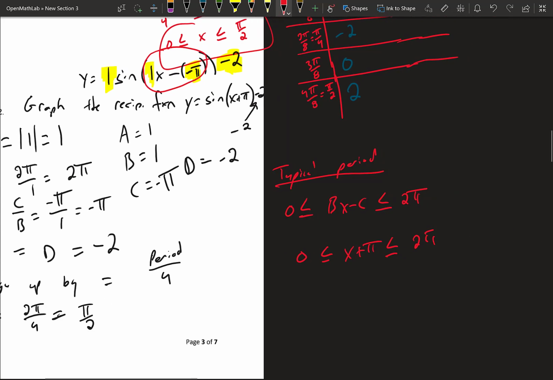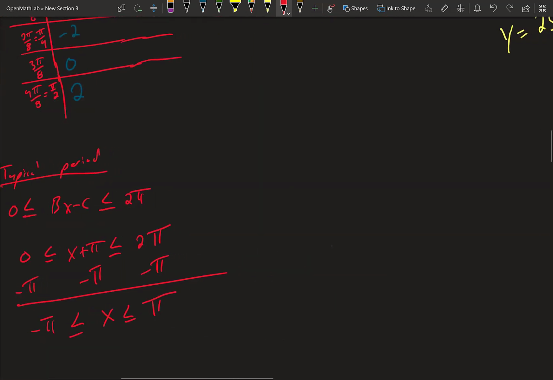So we need to solve for x. We just subtract pi from both sides, and what we get is negative pi less than or equal to x less than or equal to pi. So between negative pi and pi would be a typical period.